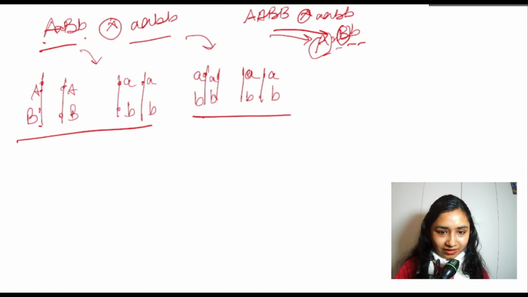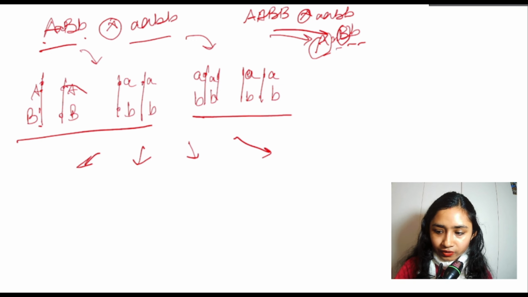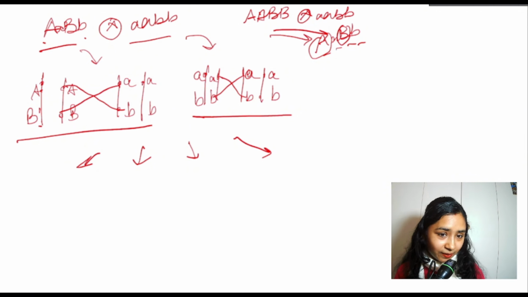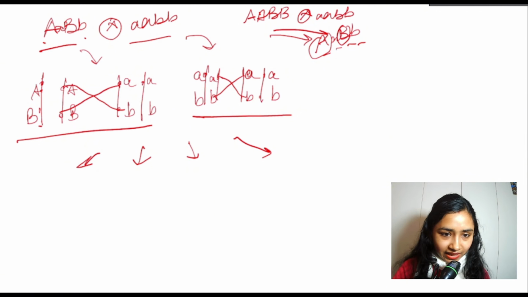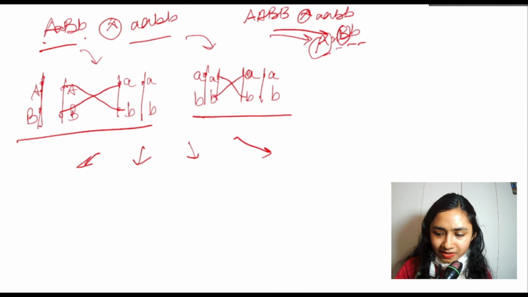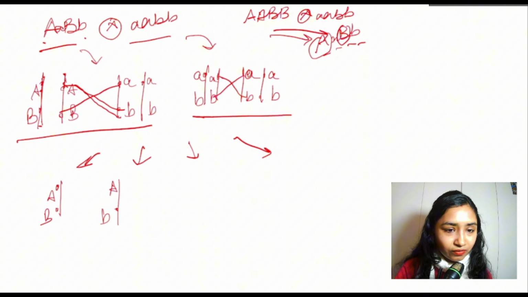Now there will be crossing over. You will get different types of gametes from here. These are the gamete combinations of the parents when there is no crossing over. Now if there is crossing over, how many types of gametes can you get? From here, simply capital A, capital B, but from here capital A goes with small b because crossing over occurred.